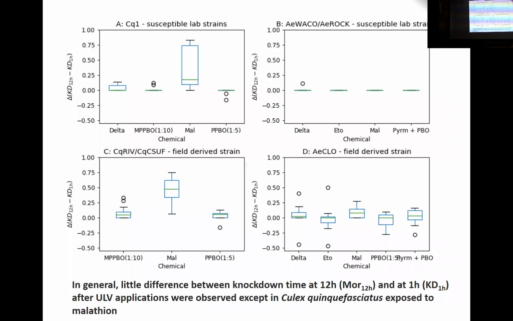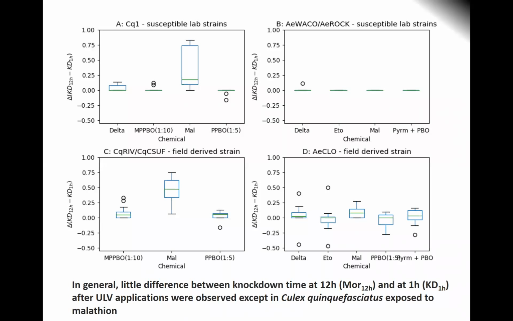And so we've looked at various chemicals here, and of course CQ1 stands for Culex quinquefasciatus susceptible population. These are susceptible Aedes populations, and then these are the actual field test populations. And in general, the number of mosquitoes that are knocked down in 1 hour are much the same as what we see in 12 hours, except for malathion and Culex pipiens populations.